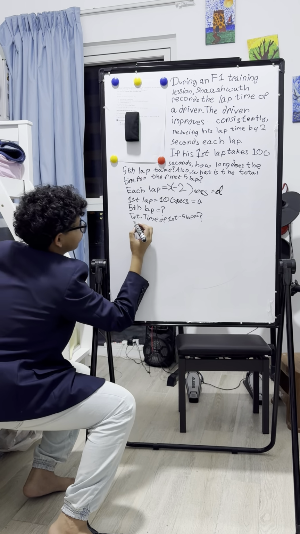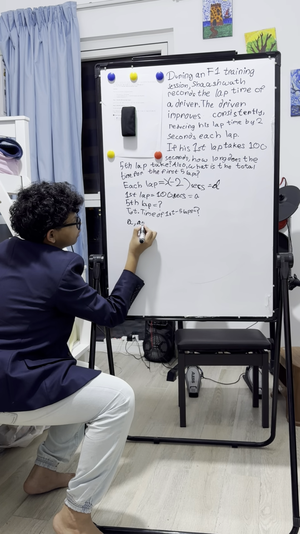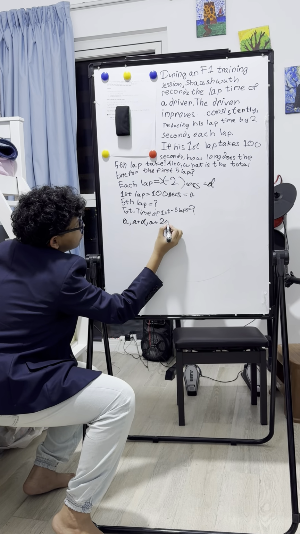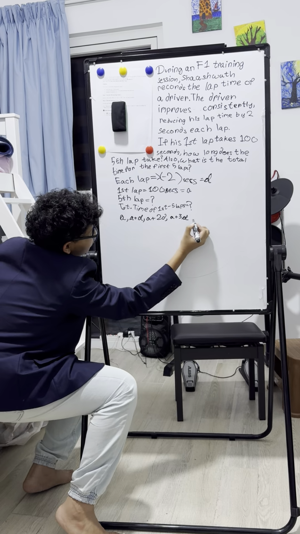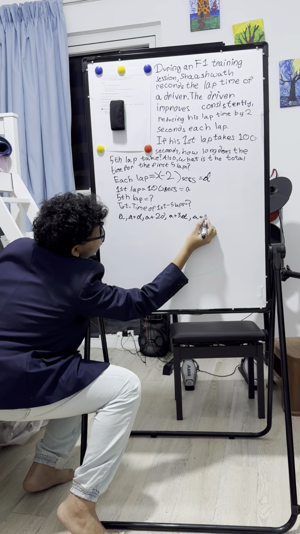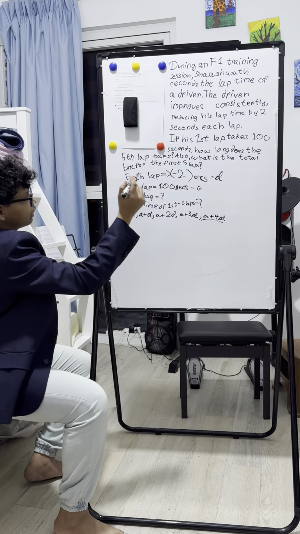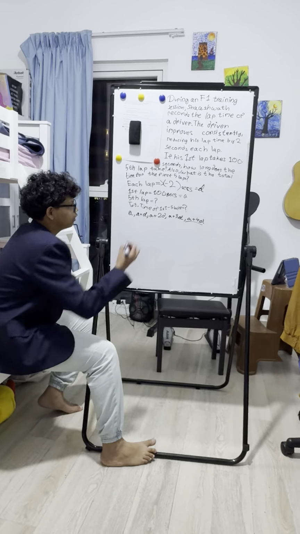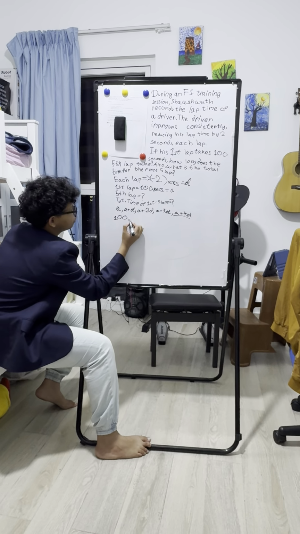Let's first plot it out. It's going to be a, a plus d, a plus 2d, a plus 3d. This is the 4th one. A plus 4d, and this is the 5th one. Now we're clearly given a, being equal to 100 seconds. a is 100 and d is minus 2.